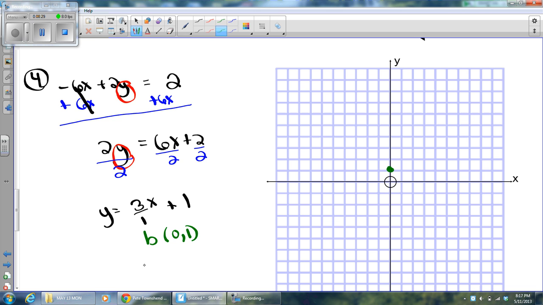And then my slope is going to be 3/1. So 1, 2, 3, 1. And now I can go ahead and draw my line.